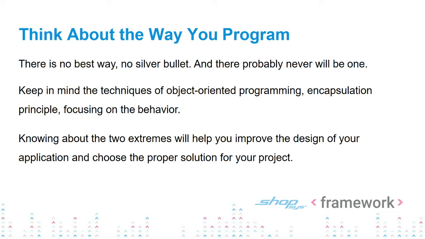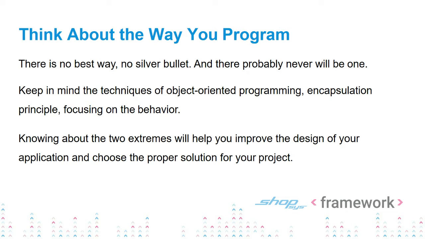You should keep in mind the techniques of object-oriented programming and not think that just by using the class keyword you are writing in object-oriented style. You should keep in mind the encapsulation principle and keeping the inner data private inside the objects you are making, and focusing on their public behavior.